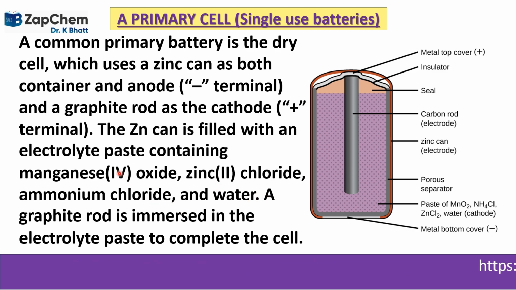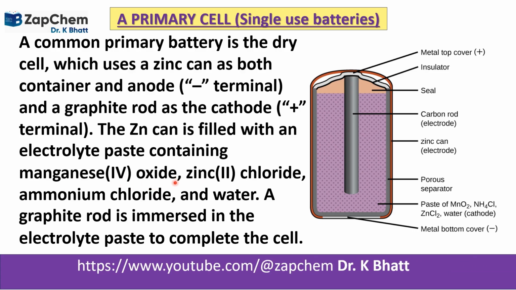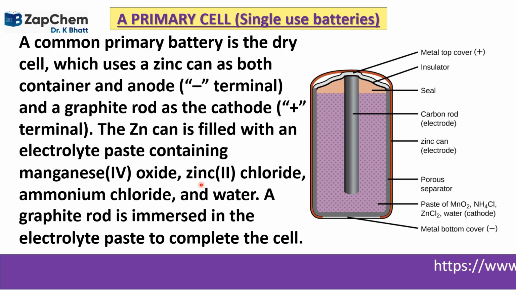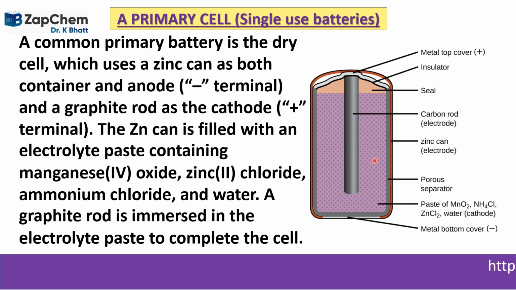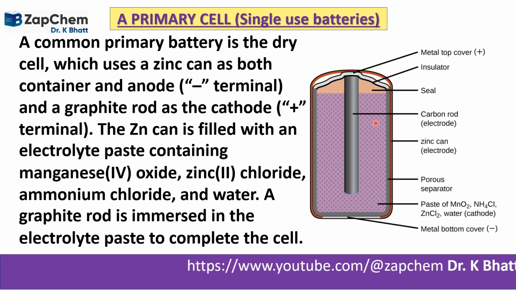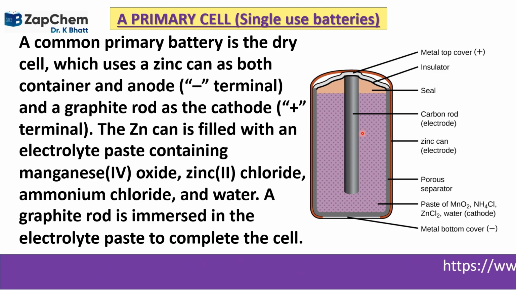The electrolyte is a paste containing manganese dioxide, zinc dichloride, ZnCl2, ammonium chloride, and a little water is mixed to it. So it forms a paste which is filled very well here, as you find here. And then this graphite rod is immersed in the electrolyte paste to complete the cell.